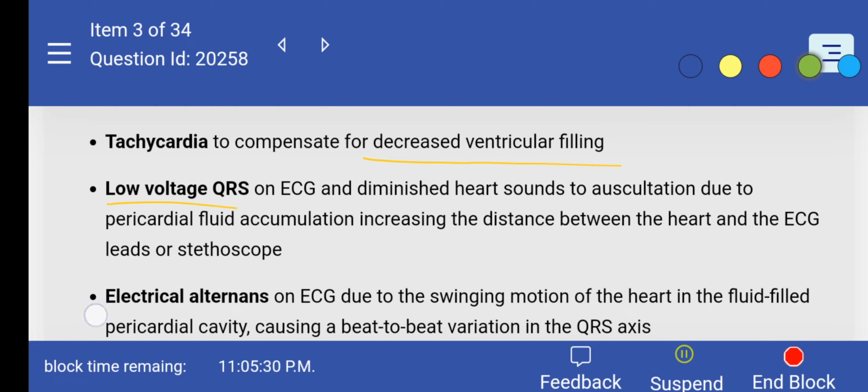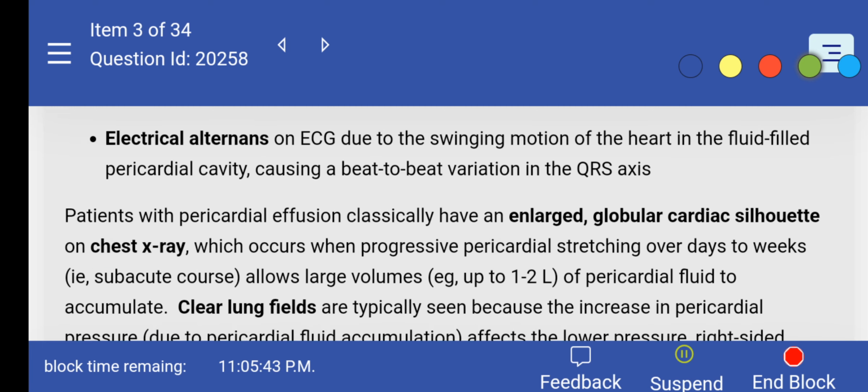And with that, it would present with electrical alternans. So what is electrical alternans? It is an ECG finding due to the swinging motion of the heart in the fluid-filled pericardial cavity, causing beat-to-beat variation in the QRS axis.